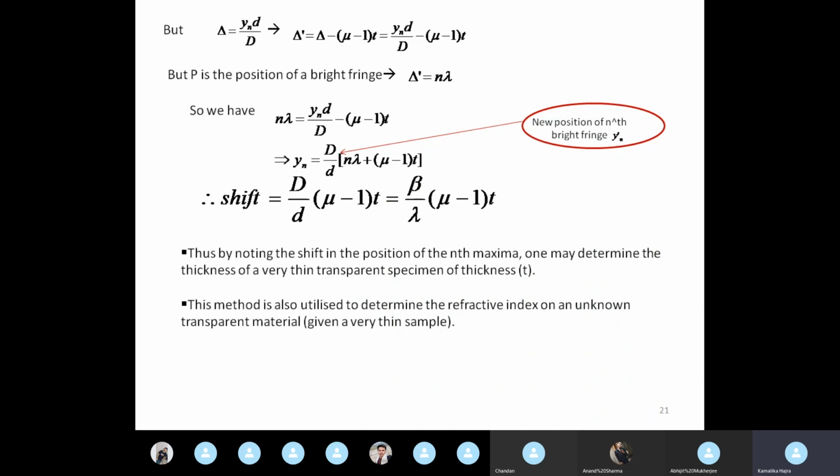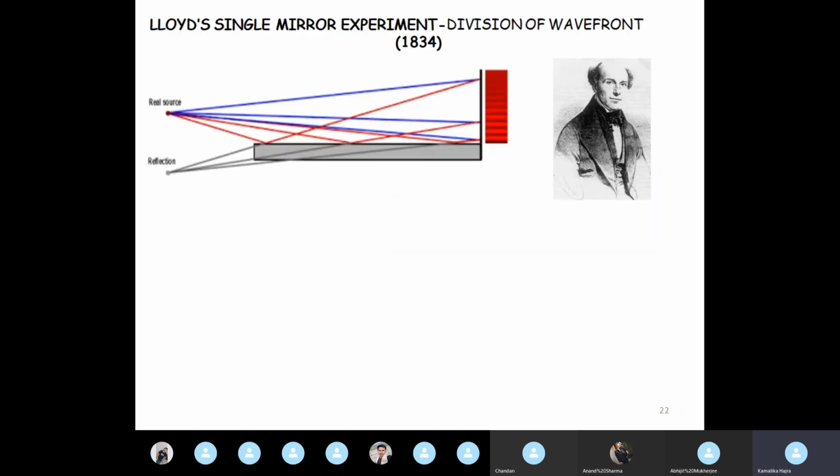So this is a very, very important method of optical measurement.